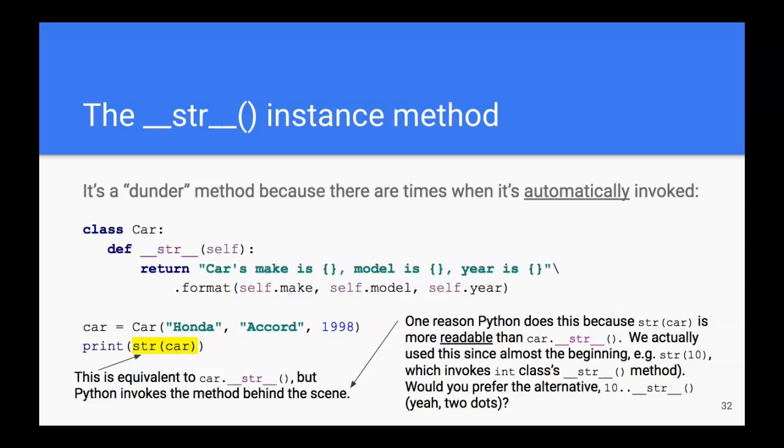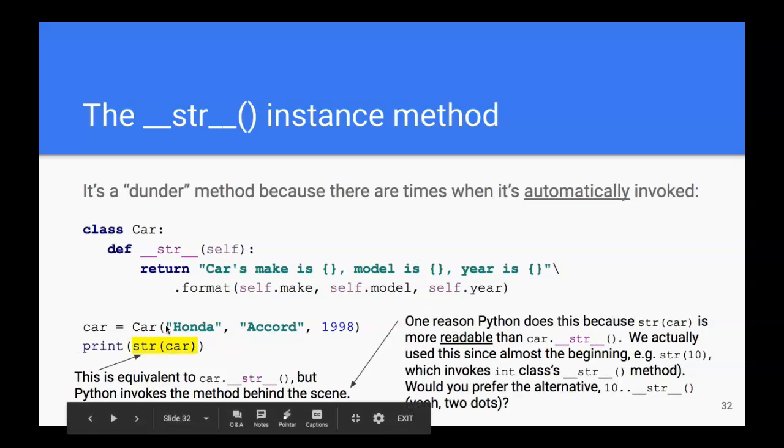And well, actually, before I talk about that, one of the reasons that Python does this, at least, is that str(car) is more readable than car.dunder string. Right? That's kind of what's going on here.